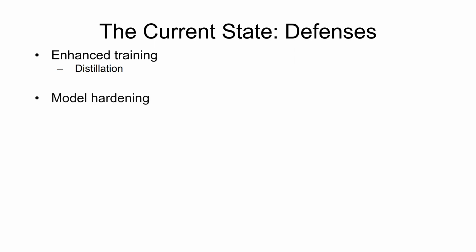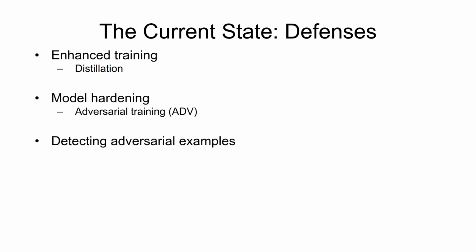To deal with such adversary examples, researchers have already developed defense mechanisms such as enhanced training based on distribution, and model hardening based on adversary training. Researchers also develop detection algorithms to detect adversary examples, such as MagNet.